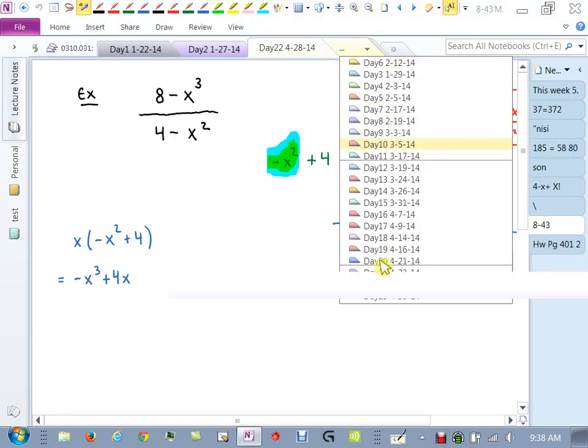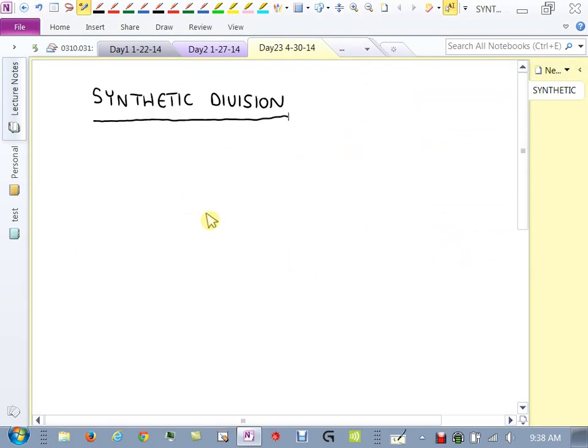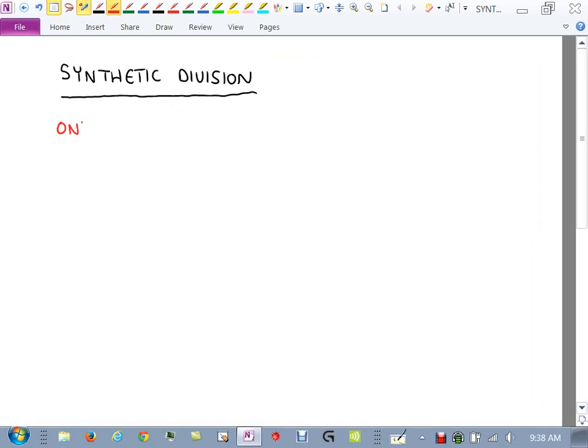So this is important because with synthetic division, you can only use this if you have a polynomial divided by something that looks like this, x plus C, where C is some number.